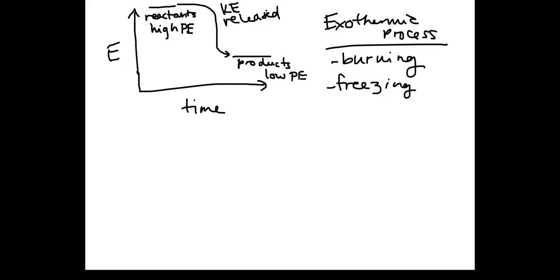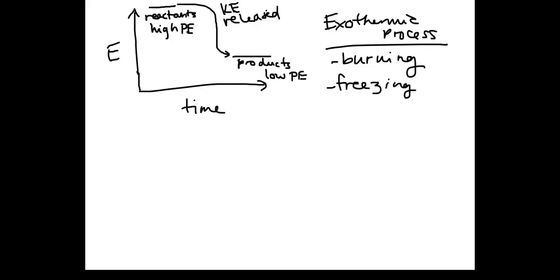Which state is lowest energy? Solid. When you go from a higher energy phase, such as liquid, to a lower energy phase, such as solid, that system is losing energy. It's released into the environment. So when water goes from liquid to solid, that energy it is losing goes into the environment. So that is an exothermic process.